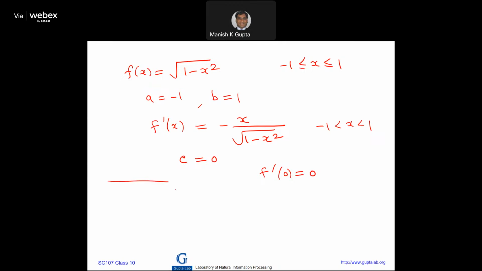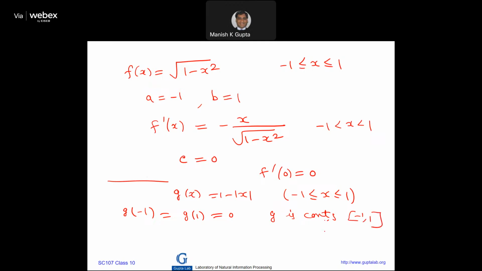If we take another example, g of x is equal to 1 minus mod of x, where minus 1 is less than or equal to x less than or equal to 1, that is, mod of x less than or equal to 1. Then at the endpoints, this value is 0, and of course g is continuous on the closed interval minus 1 to 1.